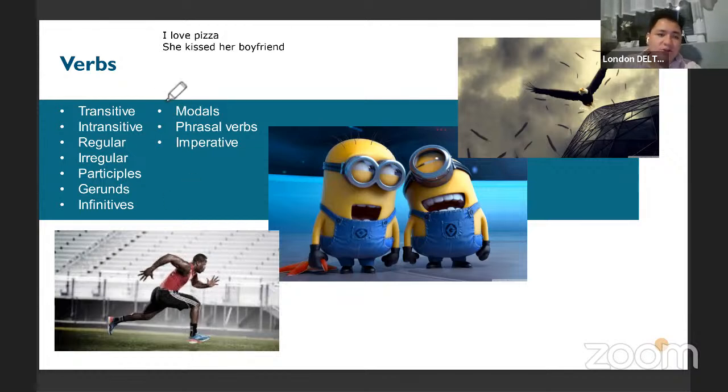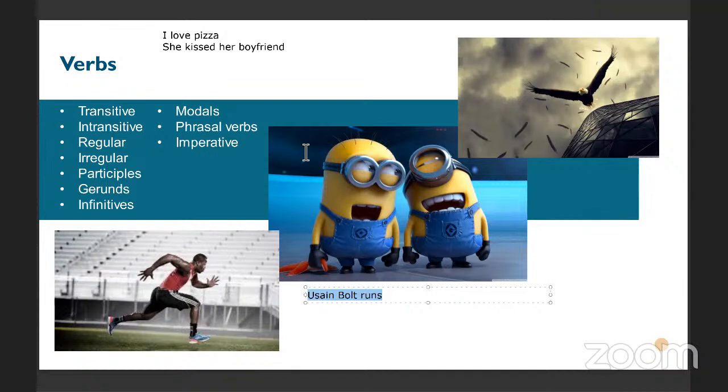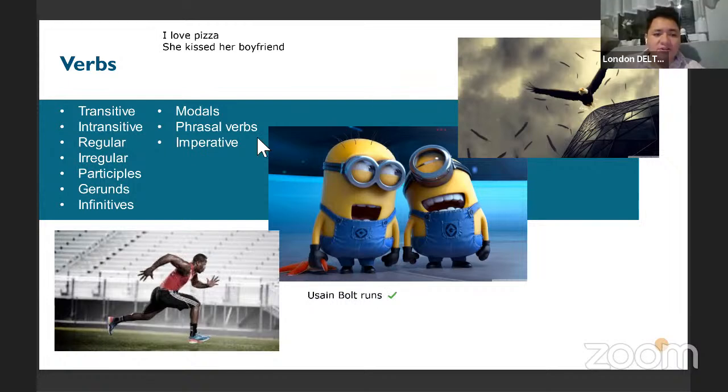Let's imagine this is Usain Bolt, the fastest man alive. Usain Bolt runs. Do you need something else to complete the verb? Yes, you understand, because the verb run is intransitive.